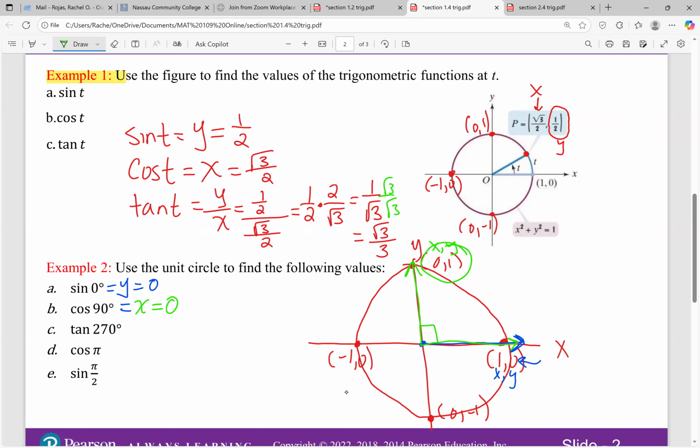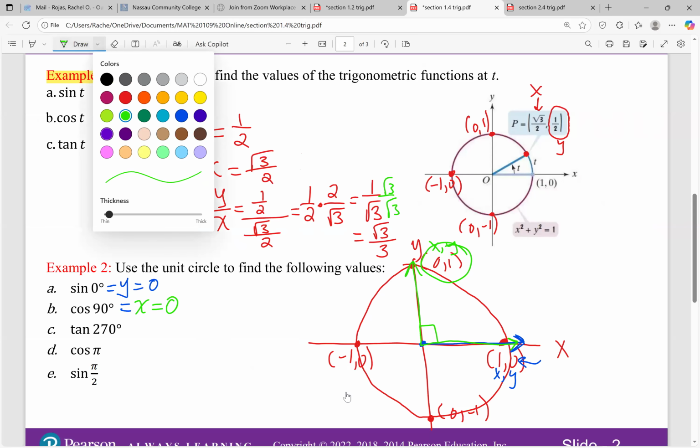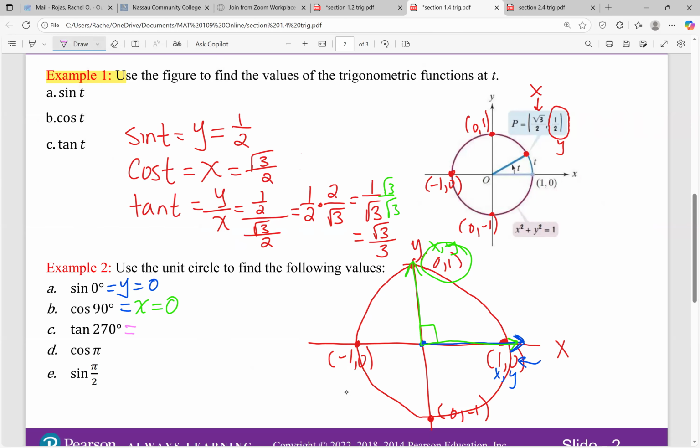What about the tangent of 270? So let's use pink. First of all, let's sketch a 270-degree angle. So that's going to be the angle where we go 3/4 of the way around the unit circle, right? So the terminal ray coincides with the y-axis, and it goes through the point (0, -1), where 0 is x, y is -1.